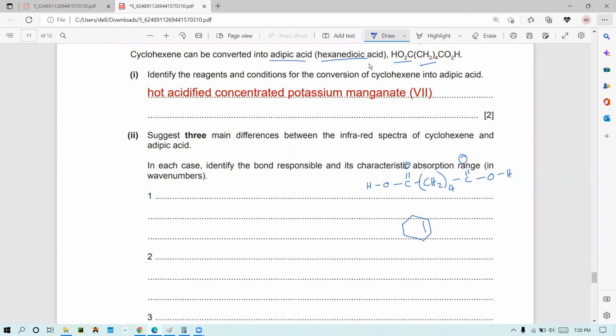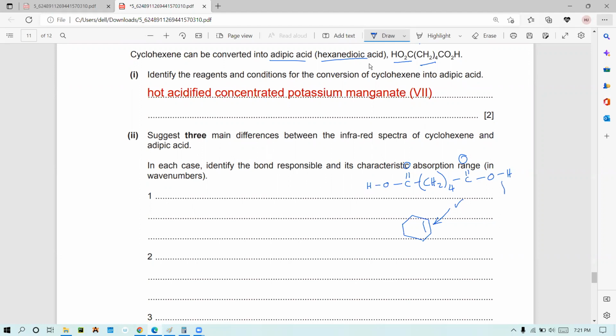Three main differences between the infrared spectra of cyclohexene and adipic acid. The difference is this. If I talk about cyclohexene, cyclohexene gives a peak in the range for a double bond, but this one doesn't have a double bond. So this is 1. Second difference.